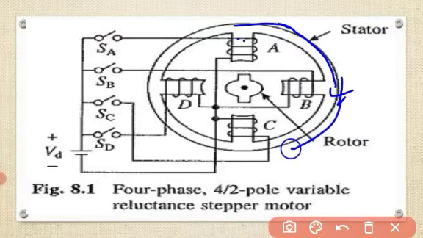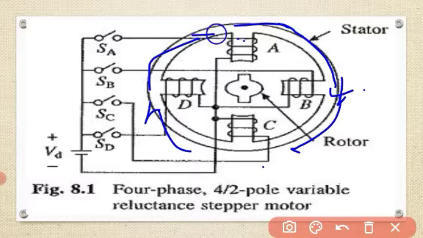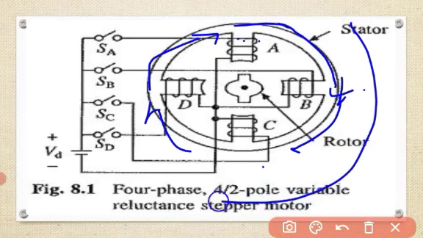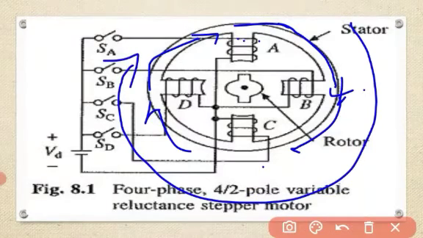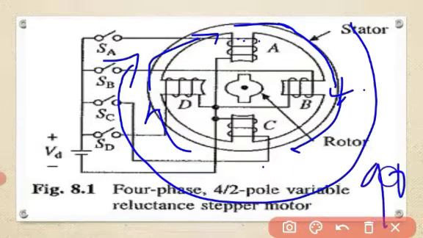Next step, C is energized, D is de-energized. Next step, D is energized, C is de-energized. Now A is energized, D is de-energized. So it takes a clockwise direction. Each step is 90 degrees.